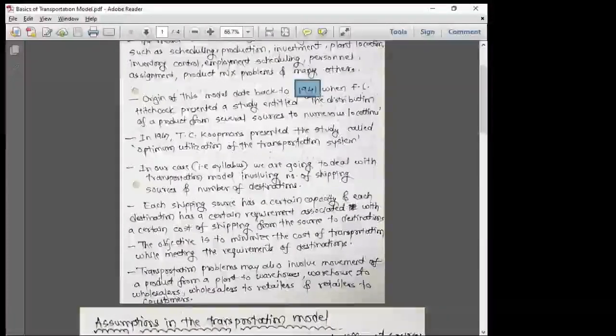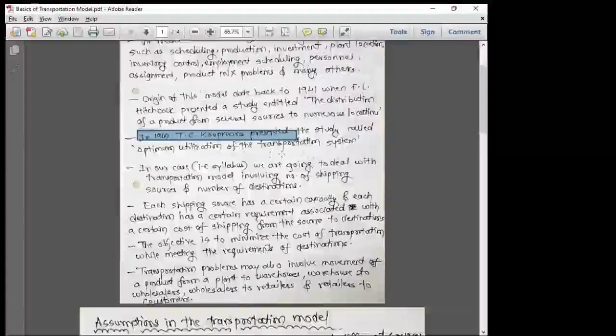In 1947, P.C. Koopmans presented his study titled "Optimum Utilization of the Transportation System," and these two mathematicians are considered the pioneers in this field of transportation model. The research that they made was a very basic research related to the transportation system only.